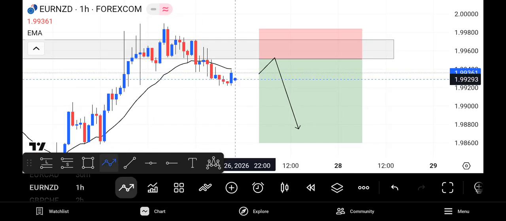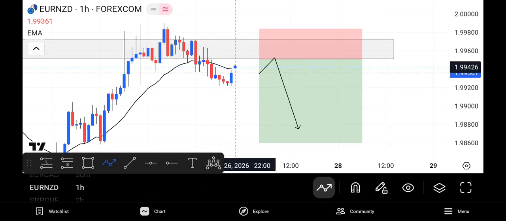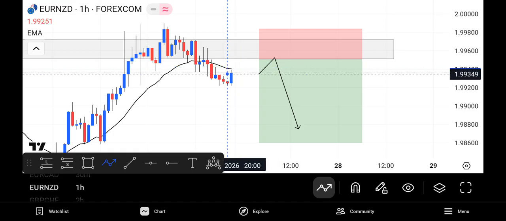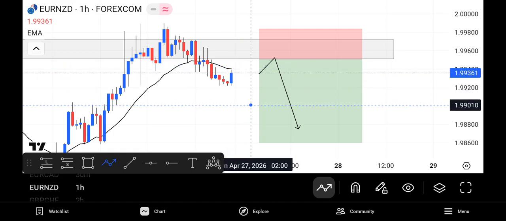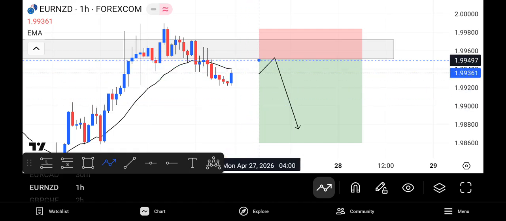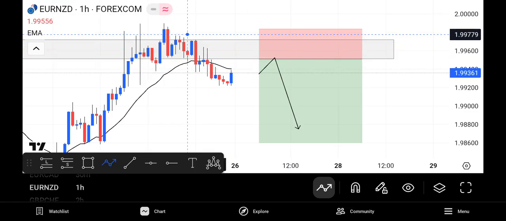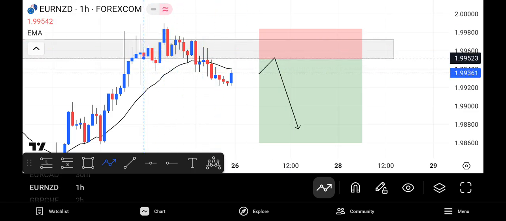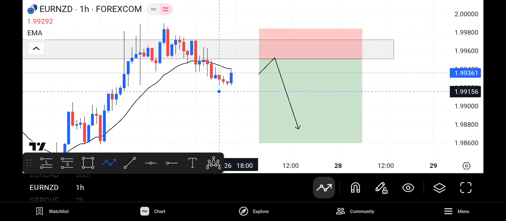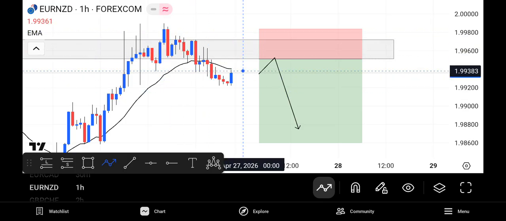The 1 hour time frame is giving us a rejection, that maybe this market might reject from this point and sell to the downside, but I'm expecting it to come back up here to give me a clear confirmation, because this is the left shoulder, this is the head, this is the right shoulder. You can see left shoulder, head, right shoulder, retest of the right shoulder to then sell to the downside on Euro NZD.